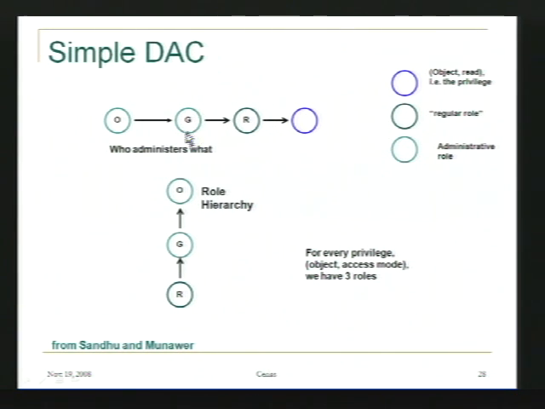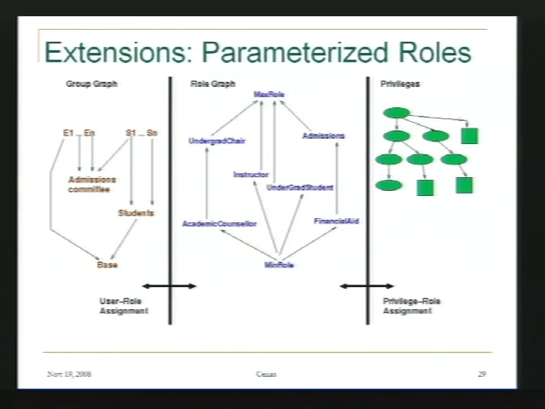And then there's an administrative role that allows granting of that privilege. And then there's an ownership role that can grant with grant options, so it can actually create grantors. In the role hierarchy, the owner role inherits the granting permissions, the regular permission, and has the owner permissions. So for every privilege in this version of it, you get 3 roles, which seems like an awful lot of roles to me.